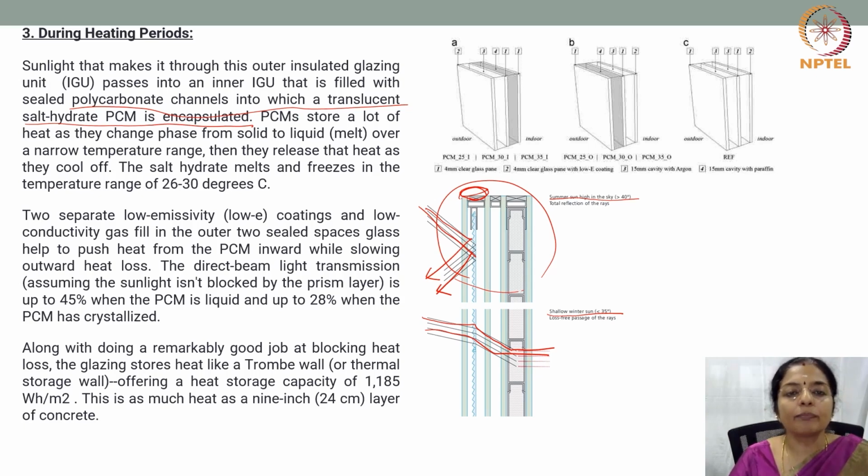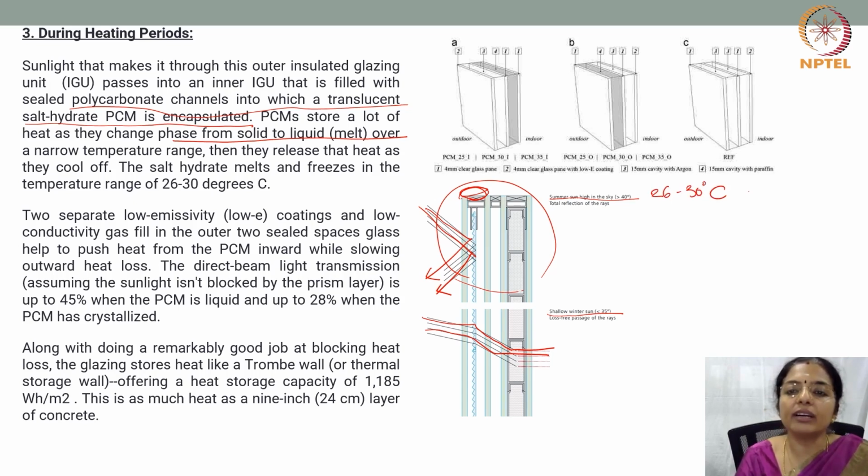And then the PCM store a lot of heat as they change from solid to liquid. As they change their state, because of absorption, they release that heat as they cool off. The salt hydrate melts and freezes in the temperature range of 26 to 30 degrees centigrade.